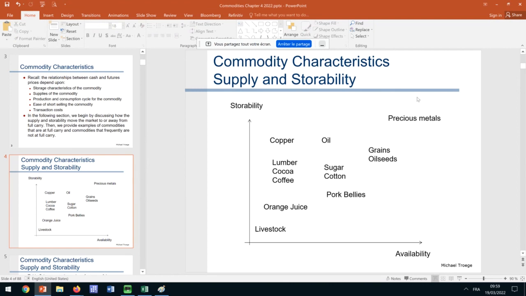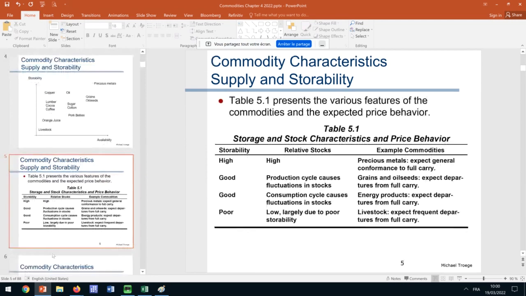Precious metals are basically always at full carry, with no information about the future price in the shape of the curve. Livestock is basically never at full carry, and therefore there is a lot of information about what prices are going to do in the form of the futures curve.